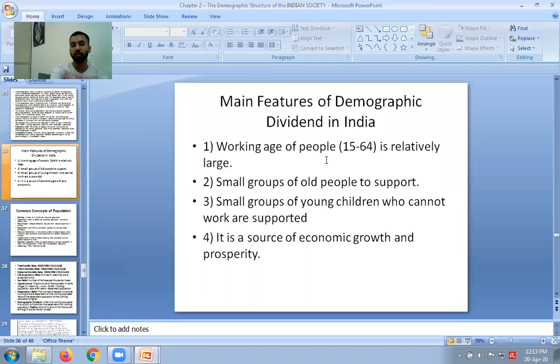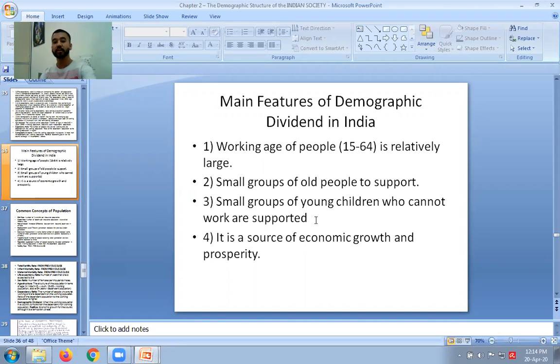Working age people, from 15 to 64, is relatively large. So this is a feature of the Indian demographic dividend, isn't it? That we have more working population. Then small groups of old people to support. Obviously, we have more young people in our country, so there are fewer people to support, especially fewer old people to support. And small groups of young children who cannot work are supported.